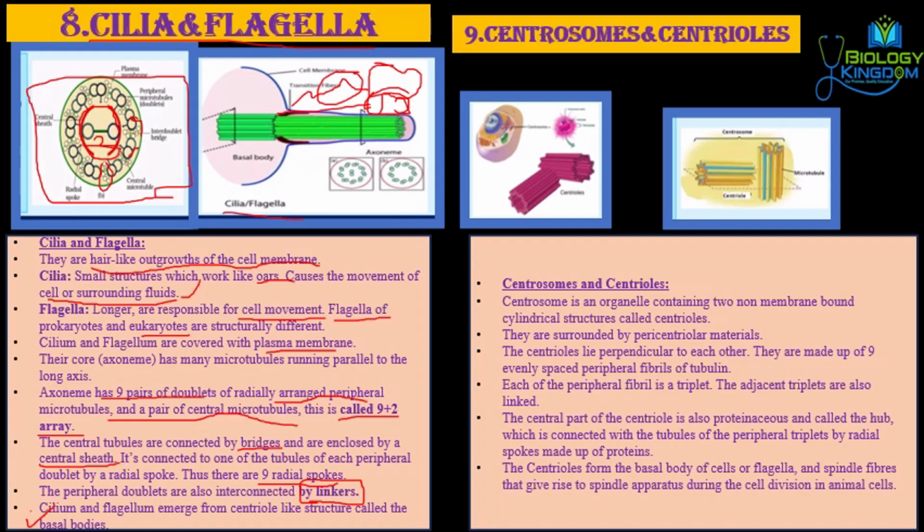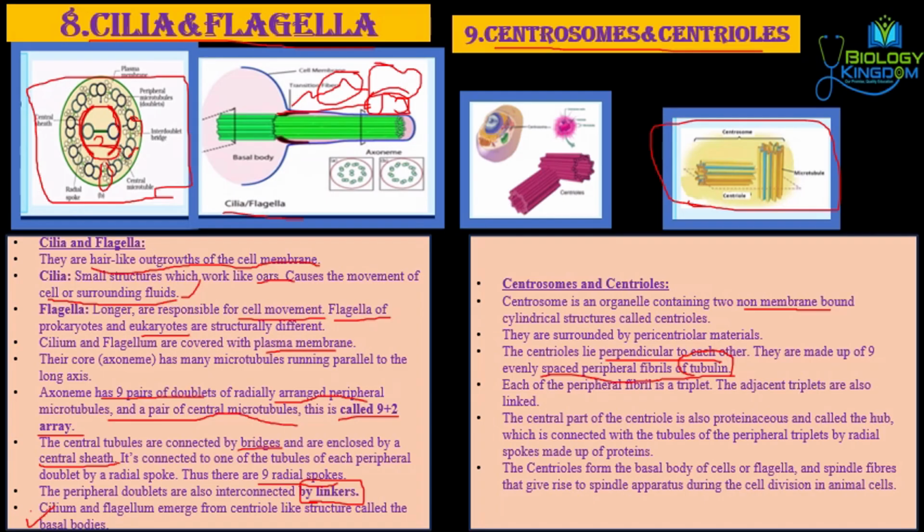Moving on to the next structure, that is centrosomes and centrioles. These are two non-membrane bound cylindrical structures. If we observe in the figure, these cylindrical structures are always present in the form of pairs, and these centrioles lie perpendicular to each other. They are made up of 9 evenly spaced peripheral fibrils of tubulin, the protein present inside these centrioles.